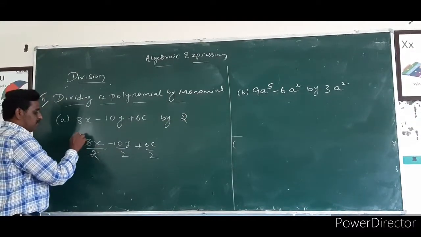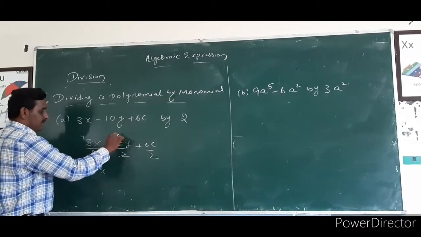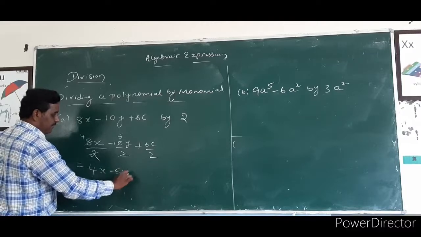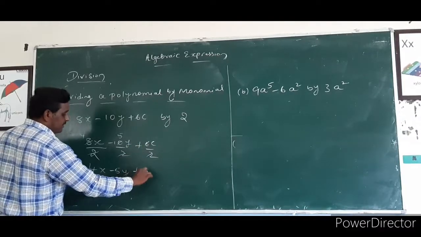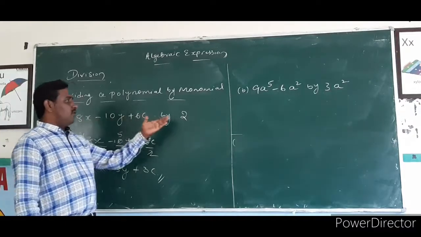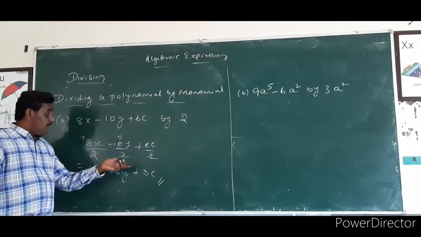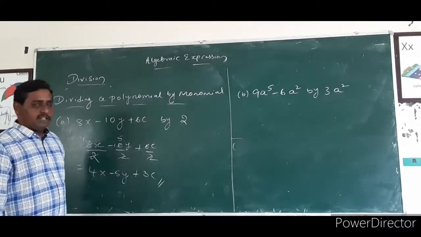Look here. You can easily cancel: 2 ones are 2, 2 fours are 8, so 4x; 2 ones are 2, 2 fives are 10, so minus 5y; 2 ones are 2, 2 threes are 6, so 3c. So when a polynomial is divided by a monomial, that monomial divides each term of the polynomial. Then only will you get the answer.